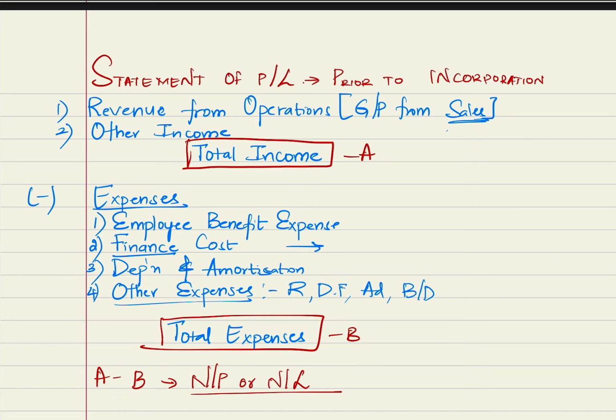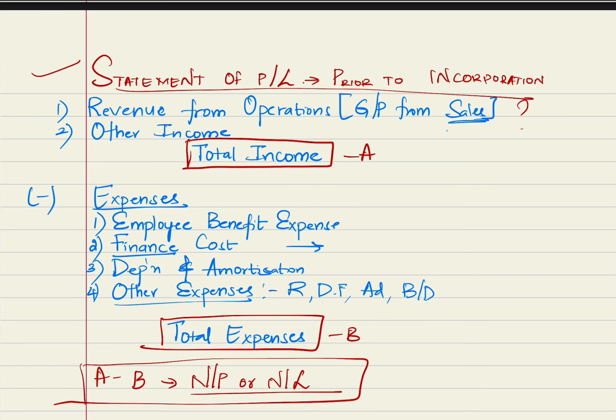We will take the help of the statement of P&L account. Clear? From the next video, we will be seeing the steps we have to follow in preparing the statement of P&L, and what all we require to find out this profit. Clear? Thank you.